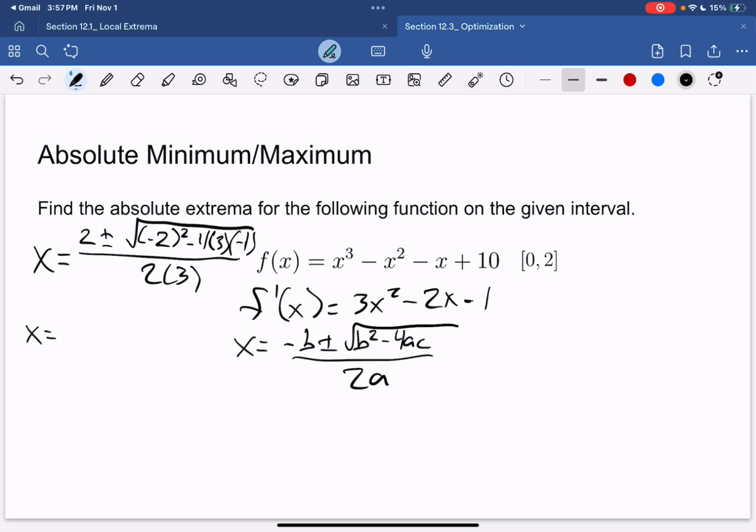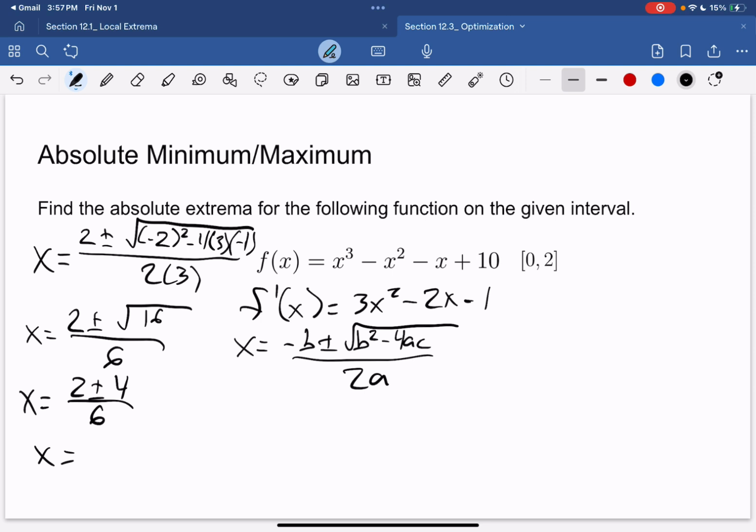Okay. Plug this in the calculator and you get 4 minus a negative 12, so it's really 4 plus 12. So I have 2 plus or minus the square root of 16 divided by 6. So x is equal to 2 plus or minus 4 over 6.